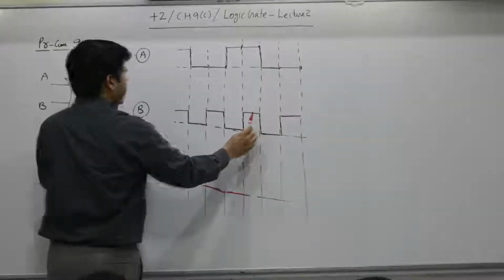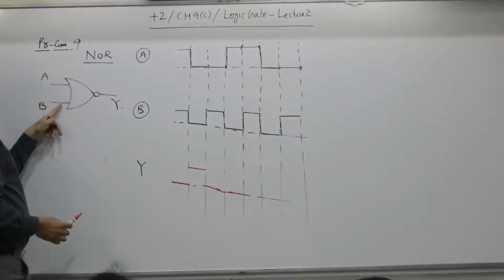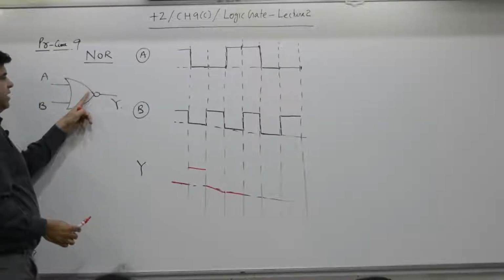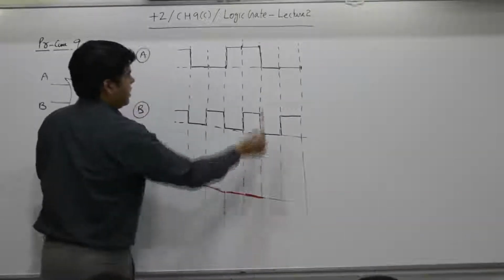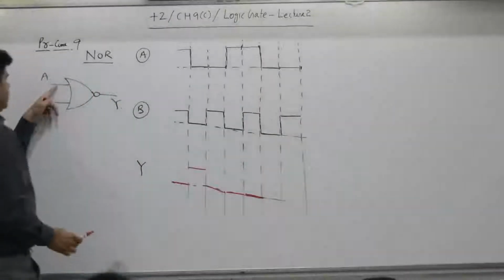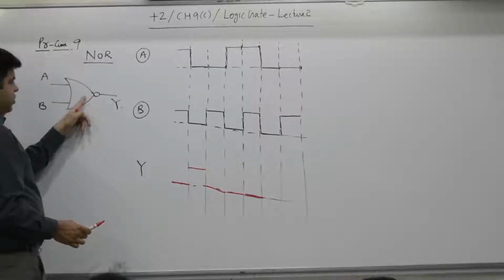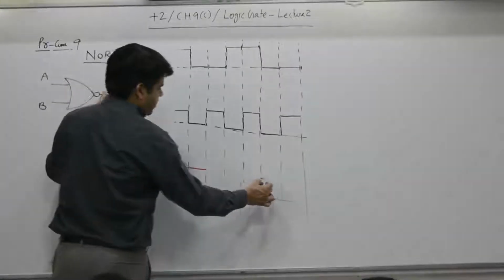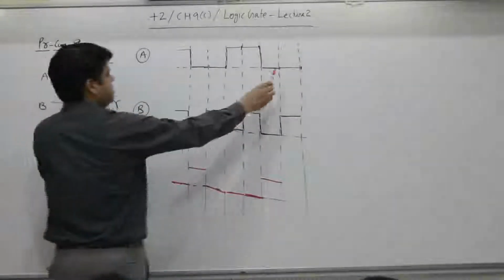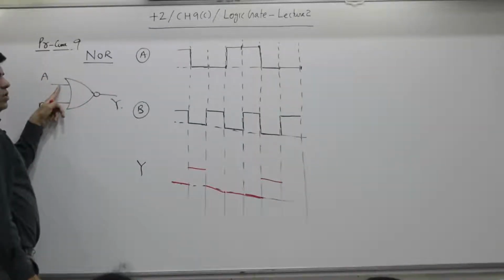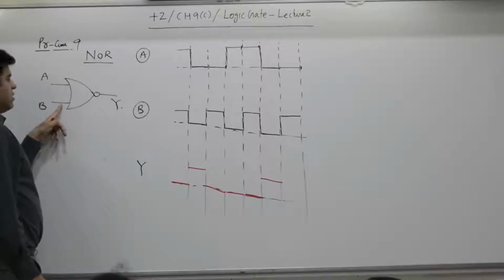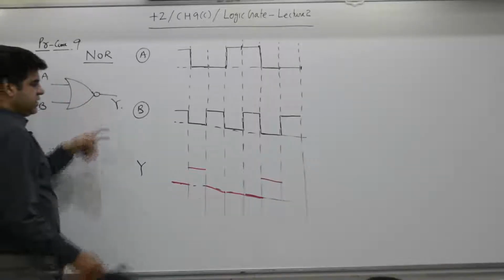Next 1 and 1, 1 OR 1 is 1, here you get 1, then the NOT operation gives 0. 0 OR 0 gives 0, its NOT operation gives 1. Last 0 and 1, 0 OR 1 is 1, its NOT operation gives 0.